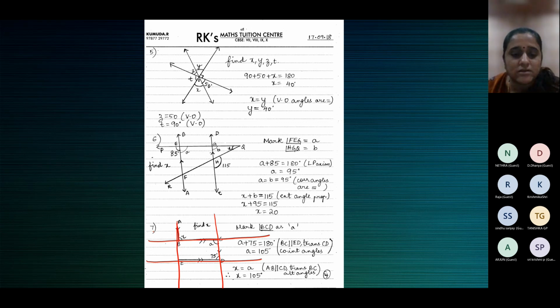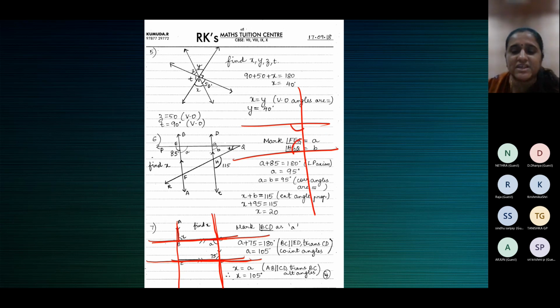Produce them. Now first, these two lines are parallel to each other, and this is the transversal. Parallel lines, transversal. See here, interior angle, interior angle on the same side of the transversal: co-interior angles.